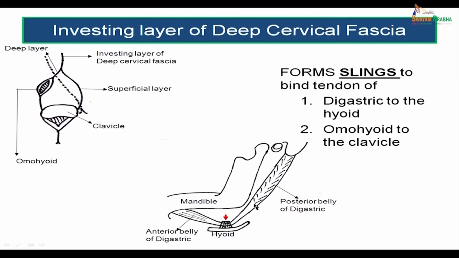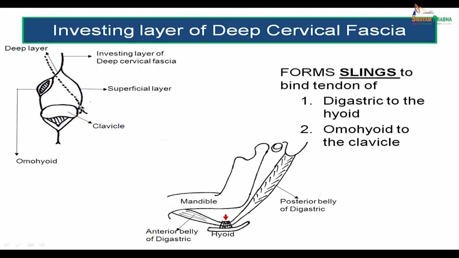Between them is the intermediate tendon. This tendon is attached to the hyoid bone with the help of a sling which is formed from the investing layer of deep cervical fascia.